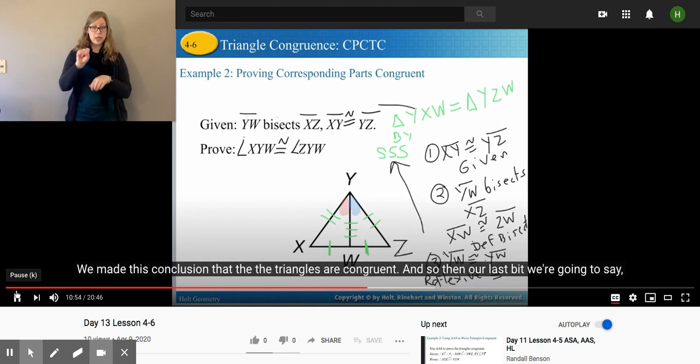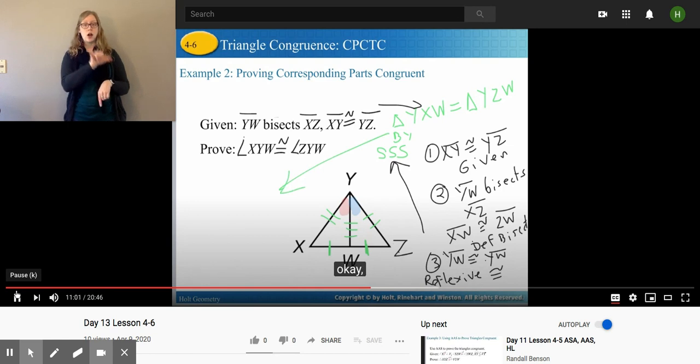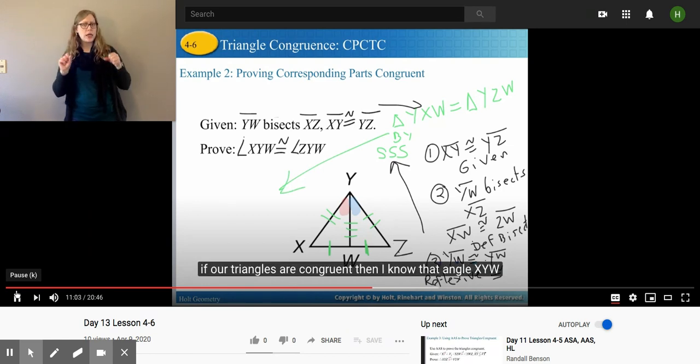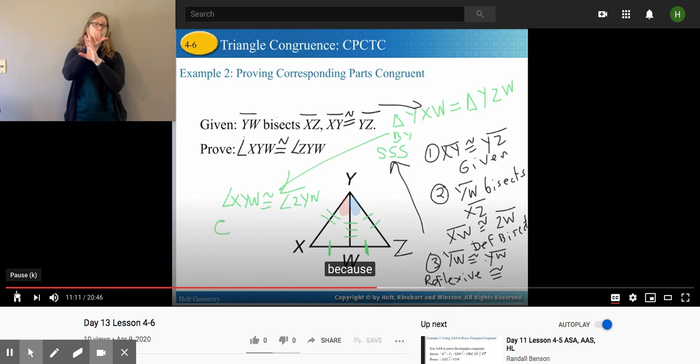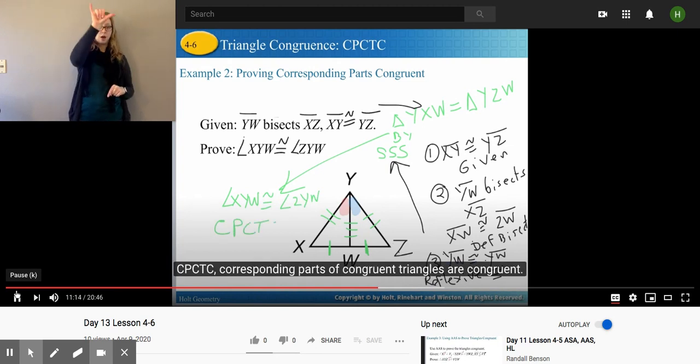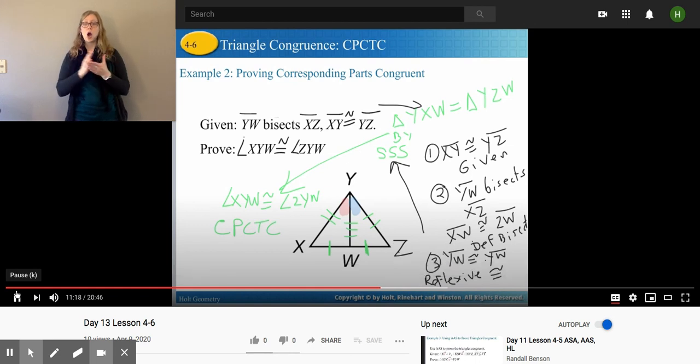We made this conclusion that the triangles are congruent. And so then our last bit, we're going to say, okay, if our triangles are congruent, then I know that angle XYW is congruent to angle ZYW because of CPCTC, corresponding parts of congruent triangles are congruent.